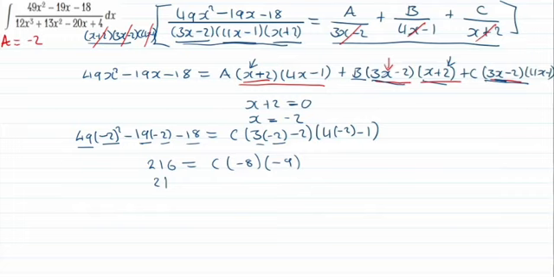So you have 216 equals 72c, meaning that our c is going to be equal to 216 divided by 72. We'll get a 3 as our value for c. So I'm just going to write it down. Our c is equal to 3.